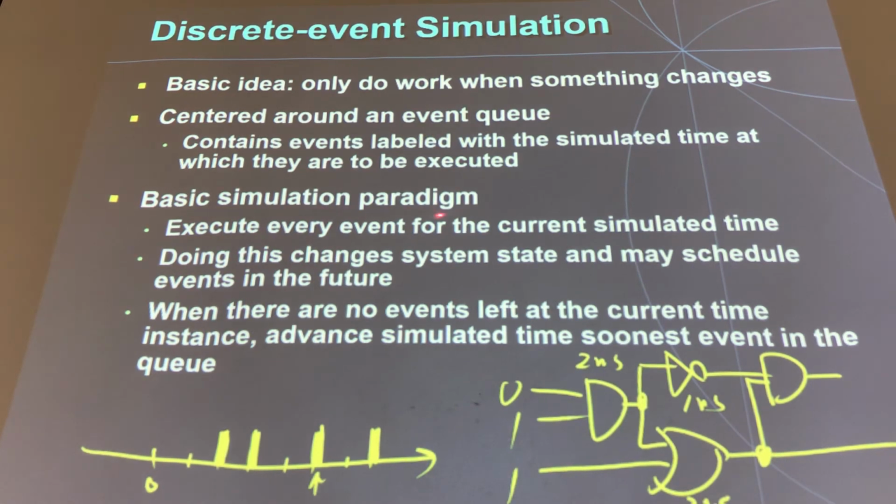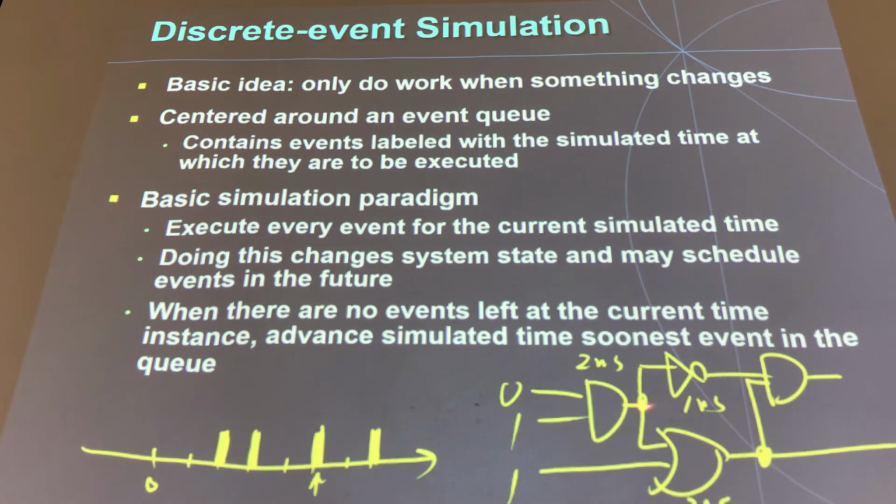The basic simulation paradigm: execute every event for the current simulated time. Doing this changes the system state, so values could change, and it may schedule events in the future. For example, when this becomes available, you can trigger 2 more events, for the inverter and for the OR gate.